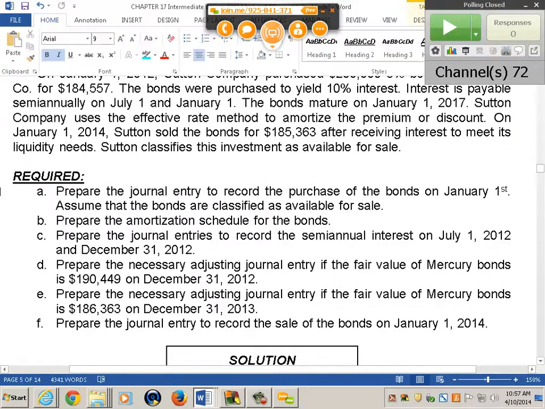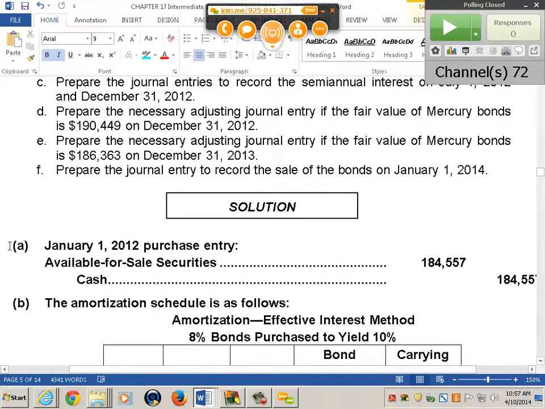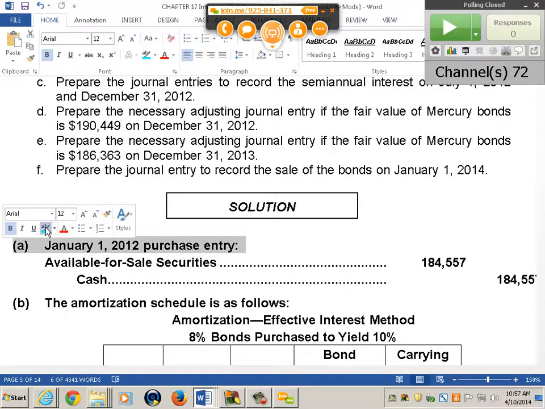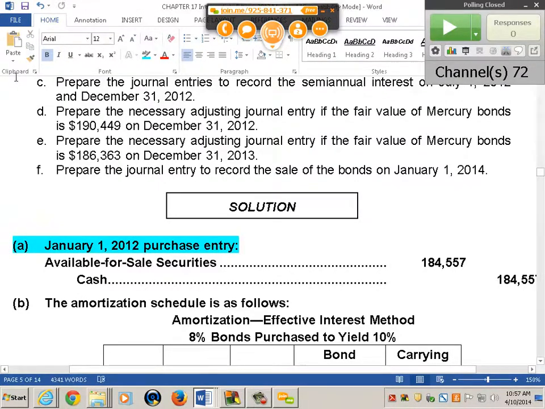All right, so first, let's make sure we take a look at A. Here's entry A. You buy the security, just highlighted in blue. And what you're going to do, this is on page 5, is debit the available for sale security and credit cash. And that is for the net amount. Now, I've seen some textbooks do this.